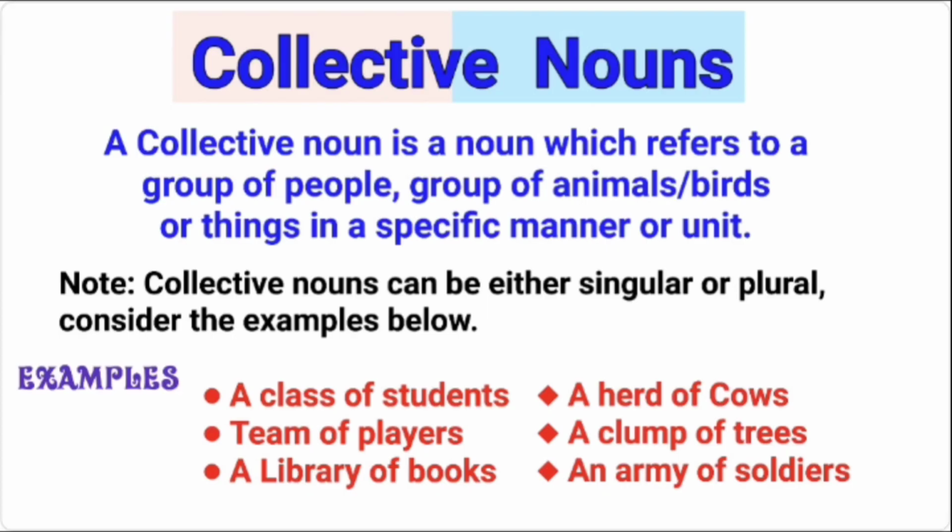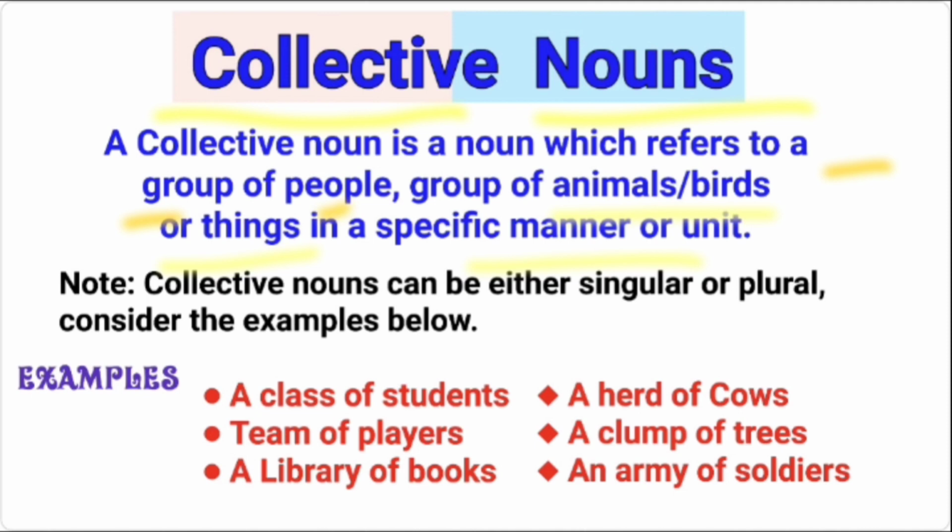Our next definition is collective nouns. So students, have a look at the definition of collective nouns. A collective noun is a noun which refers to a group of people, group of animals, words, or things in a specific manner or unit.